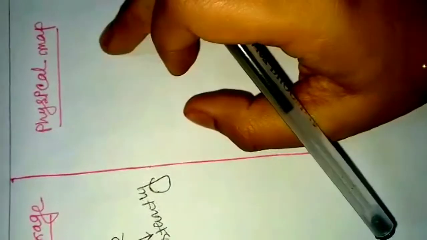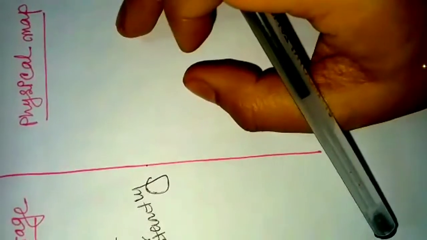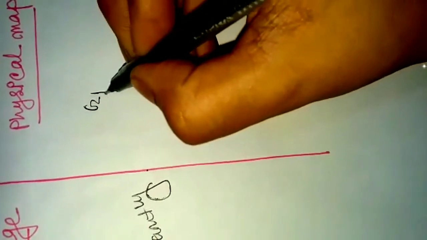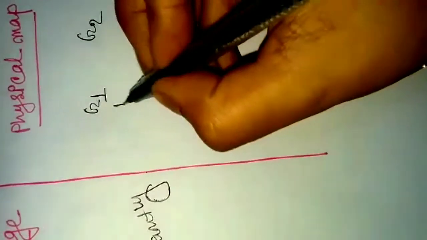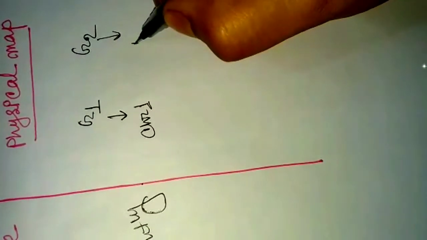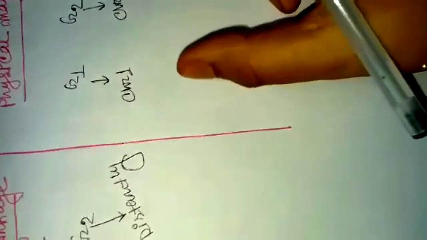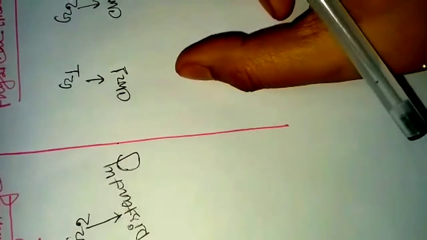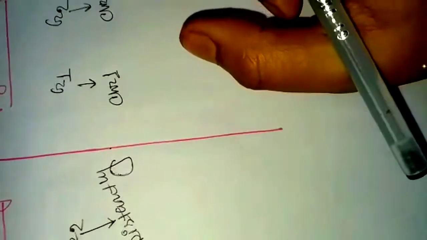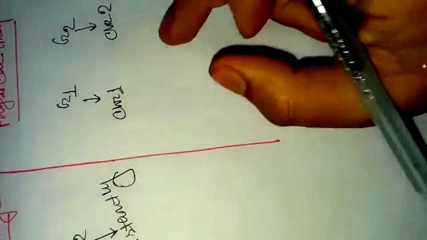But if we utilize the physical map, we can actually tell the exact position of the two genes on the chromosome. We can say like this: G1 is present on chromosome number 1, G2 is present on chromosome number 2. So physical mapping is much more accurate because it can give us the idea about whether a gene is present in a chromosome or not.